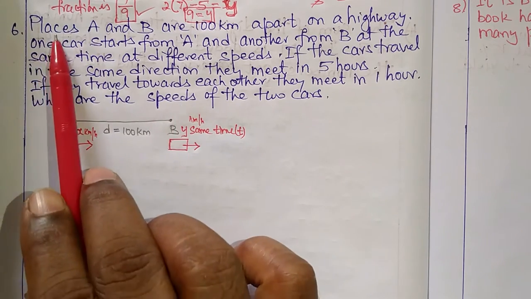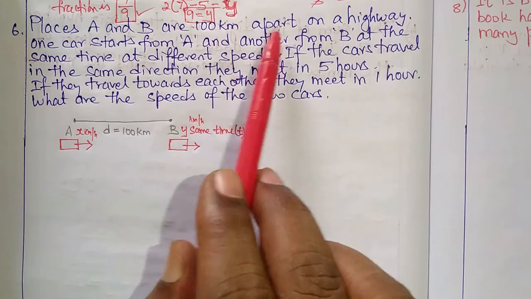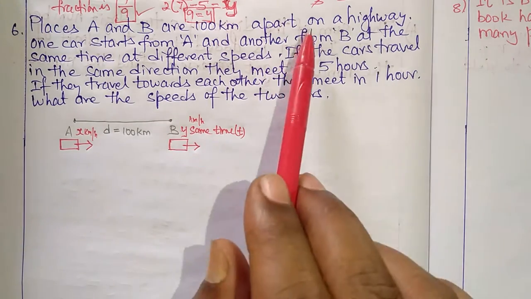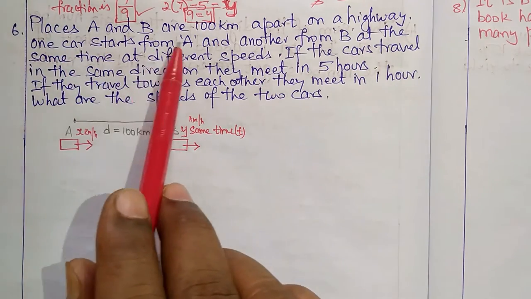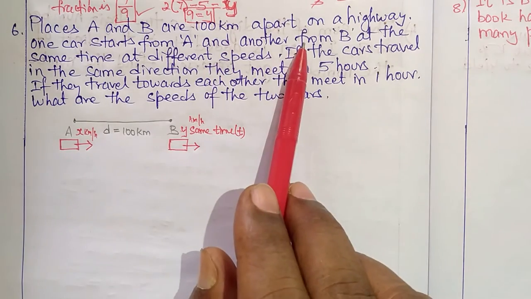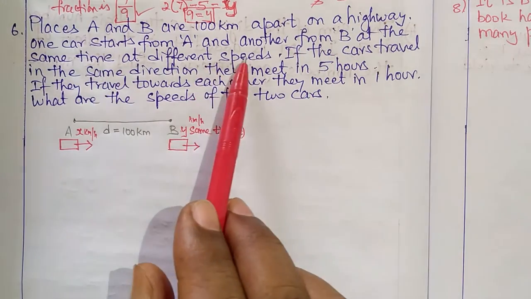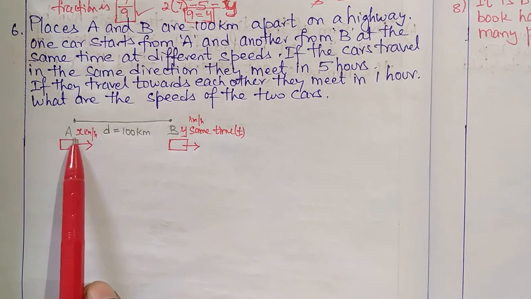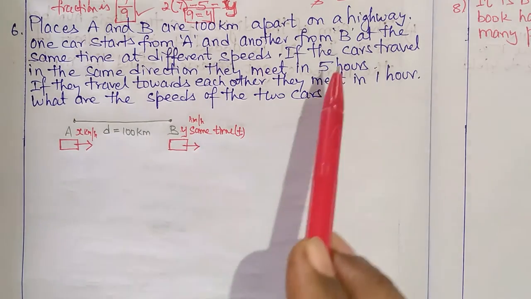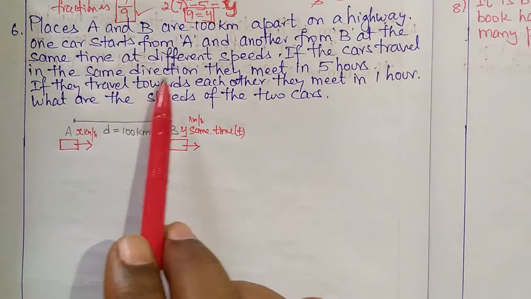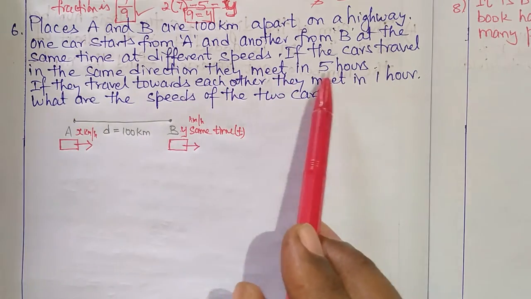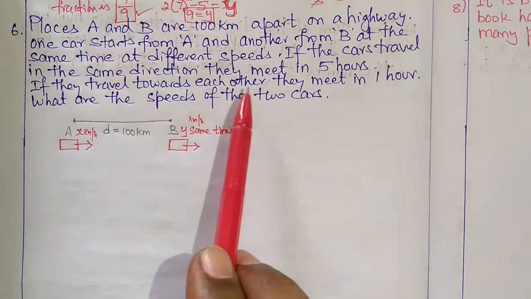One car starts from A and another from B at the same time at different speeds. So I have assumed the speed as X and the speed as Y. If the cars travel in the same direction, they meet in 5 hours.